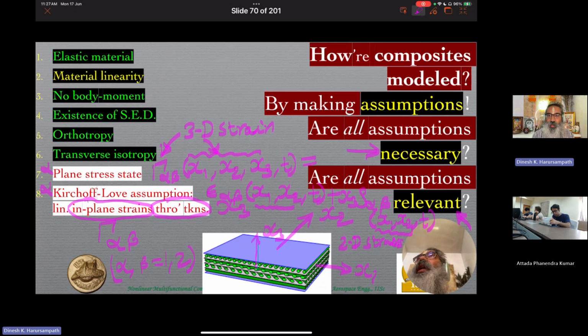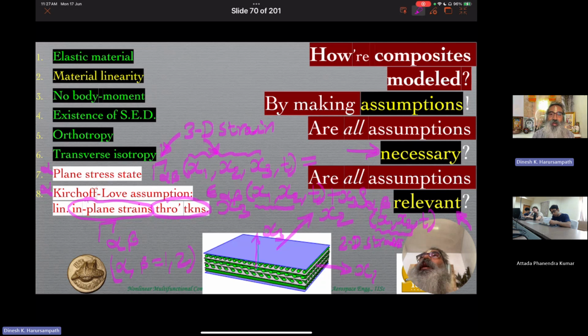Plane stress itself is violated, and the linearity of the gamma alpha beta, which is an independent assumption, is also violated, and therefore you end up with fairly erroneous solutions based on erroneous models.